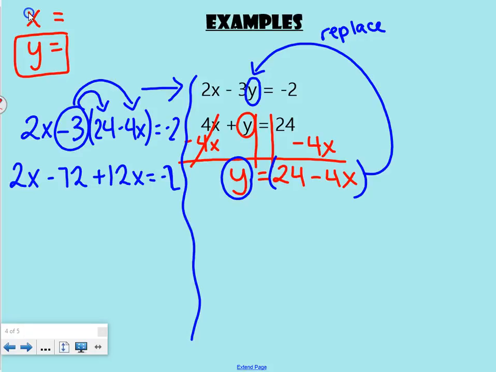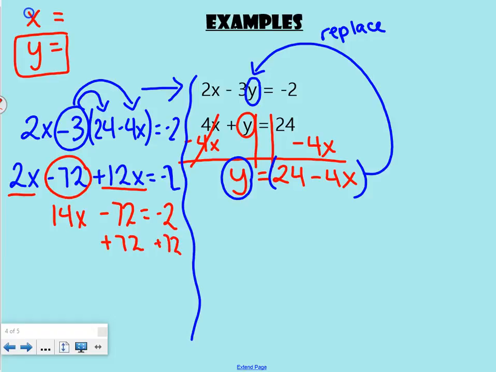We have 2x and 12x, which become 14x. Minus 72 is left over, equals -2. Add 72 to both sides. We get 14x equals 70.